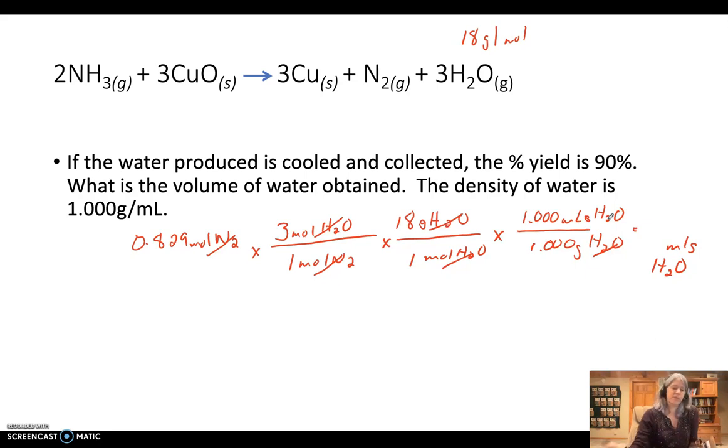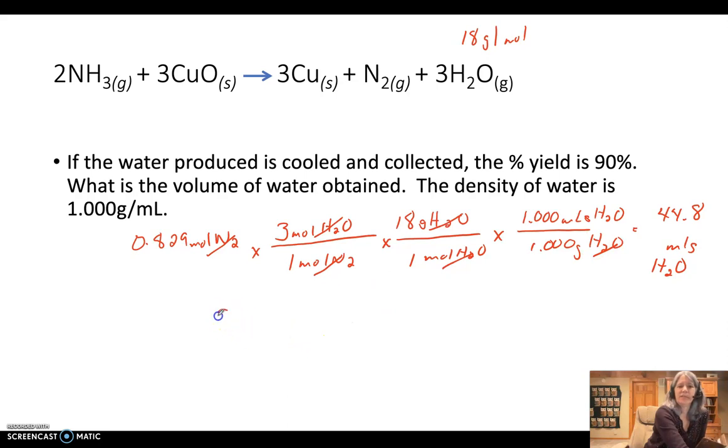Looks like 44.8. You'll notice I've carried through my 3 significant figures because we started out with those 24.3 grams of ammonia, which was 3 significant figures. So that's my theoretical yield, 44.8.